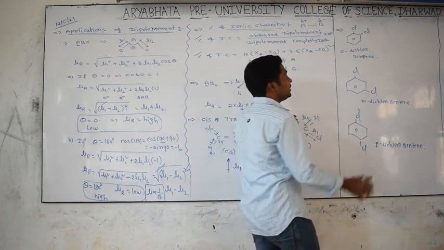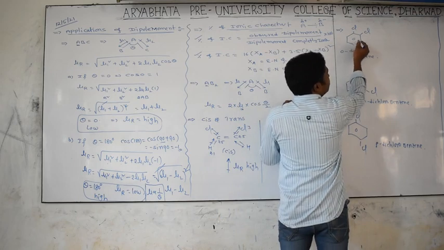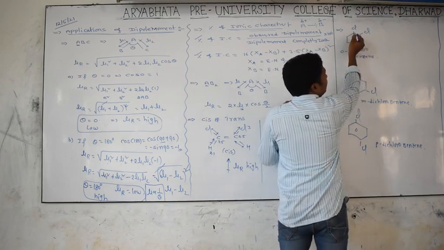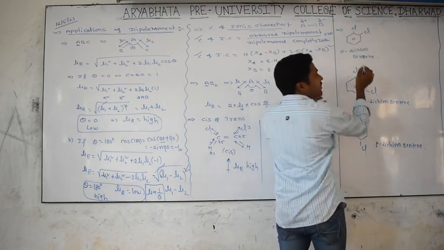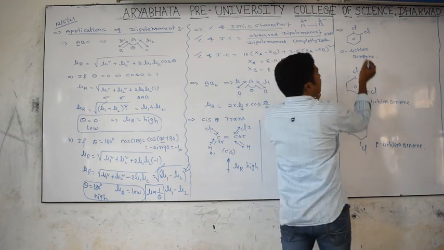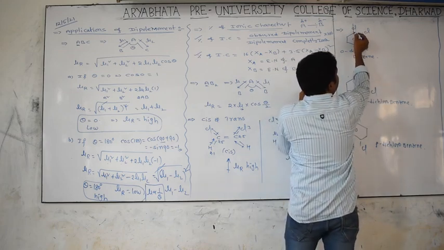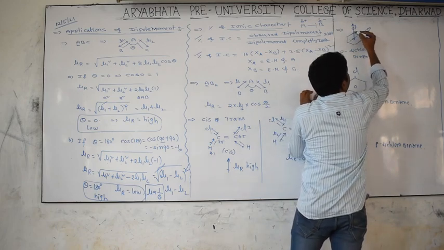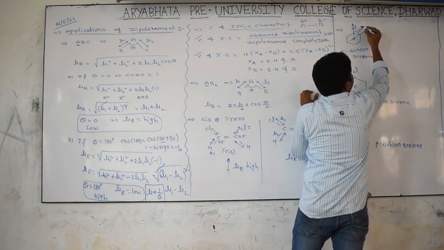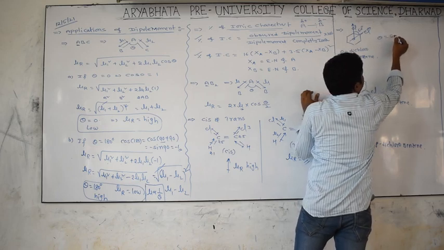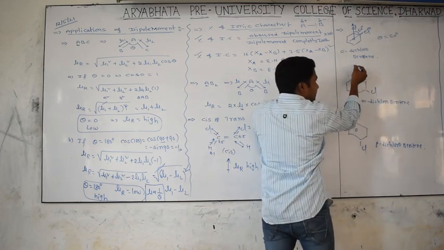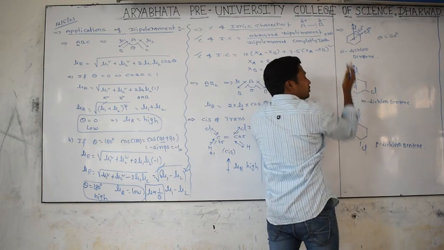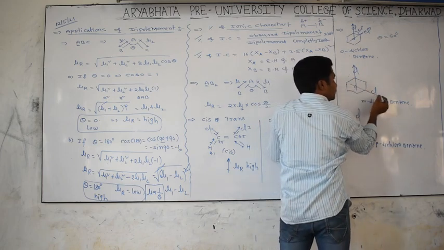Just see here, the total angle is how much? 360. Dividing into how many parts? 6 parts, meaning each bond angle is 60. I will extend this bond like this, and this bond also like this. Then the angle made here is how much? 60 degrees. Now extend this bond like this, dipole moment towards chlorine, here also towards chlorine.